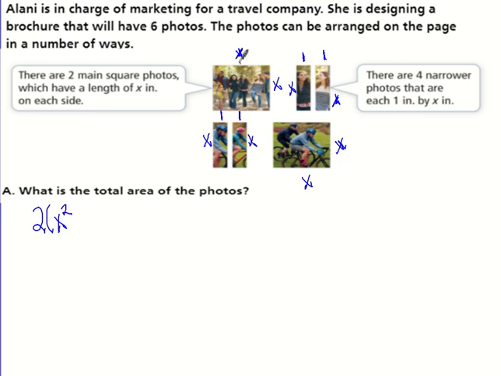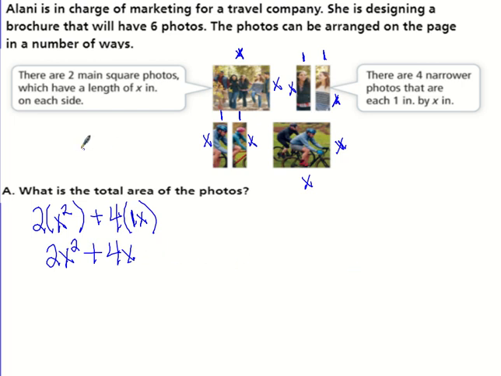Because area is length times width, so it's x squared. Then we have 4 narrow ones, so it's going to be plus 4 times, well, it's just 1 times x. So it looks like this, 1x. So if I distribute here, I get 2x squared plus distribute here, I get 4x.